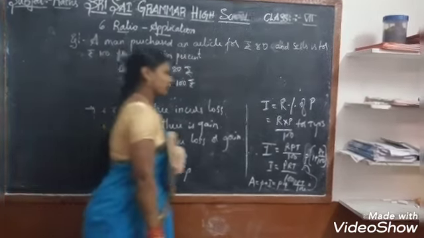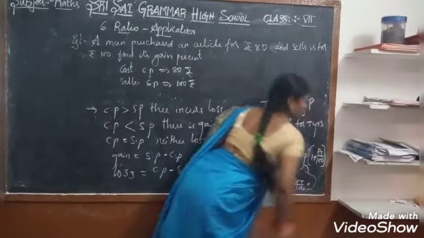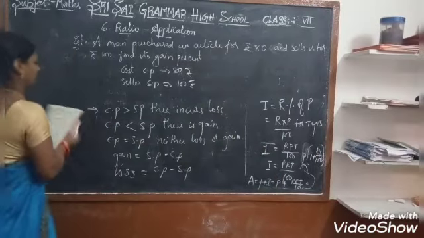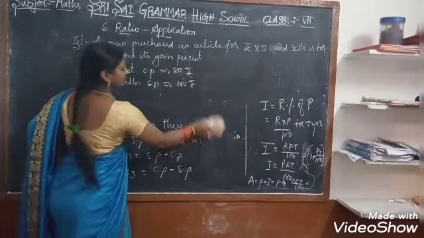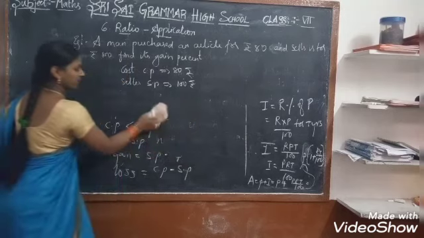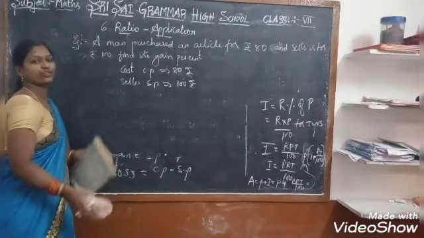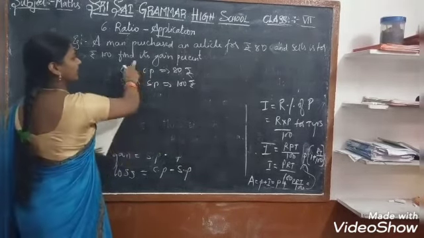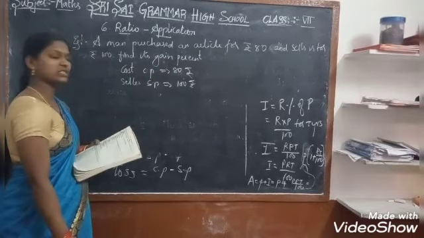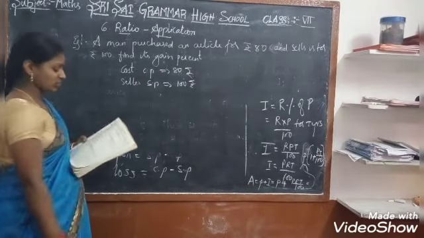Okay? Now how are we going to do this? Here they said to find the gain percent. Gain is selling price minus cost price.